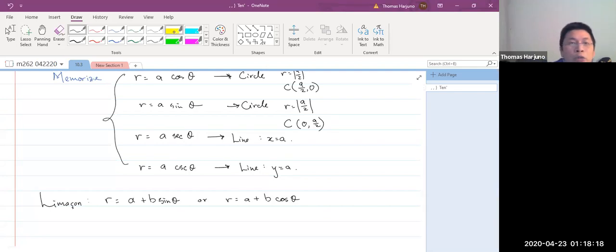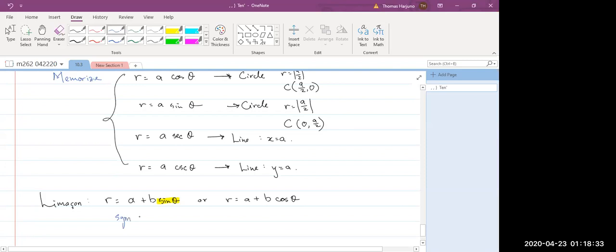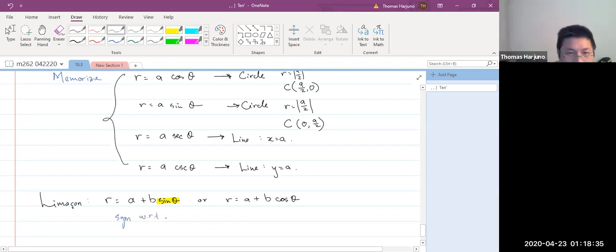Now, let's use our intuition first. Because the first style here depends on sine only, this will be symmetric with respect to what? With respect to the y-axis, that's right. And because the one here depends on cosine theta only, this will be symmetric with respect to the x-axis.